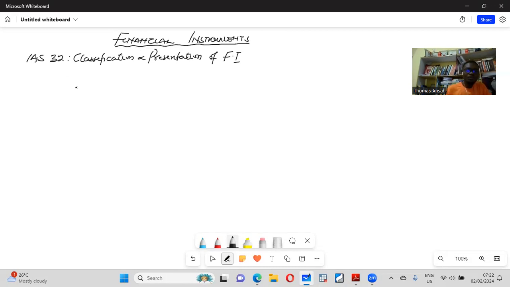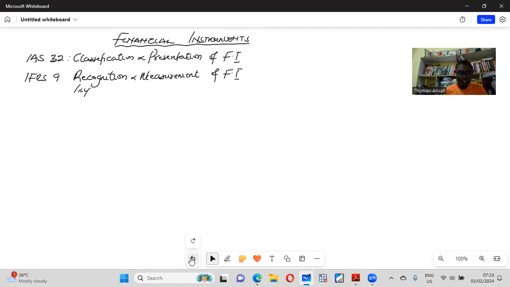Then we will also be looking at IFRS 9. IFRS 9 talks about the recognition and measurement of financial instruments. And aside from that, we are going to talk about the impairment of financial assets.